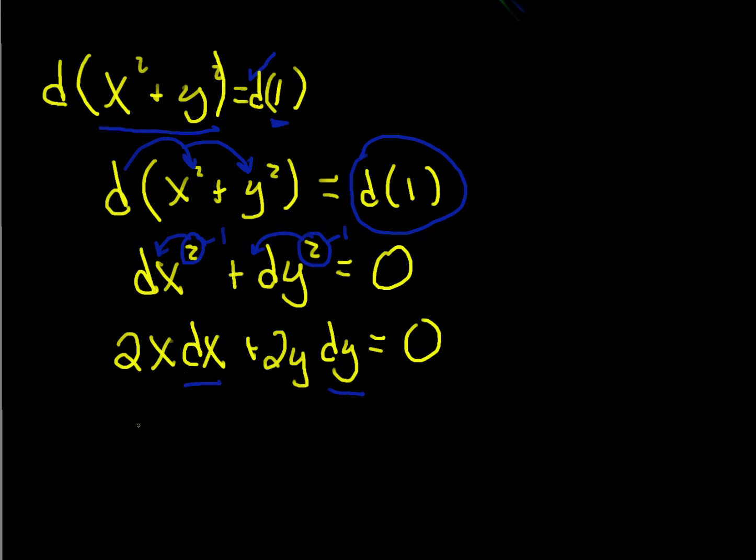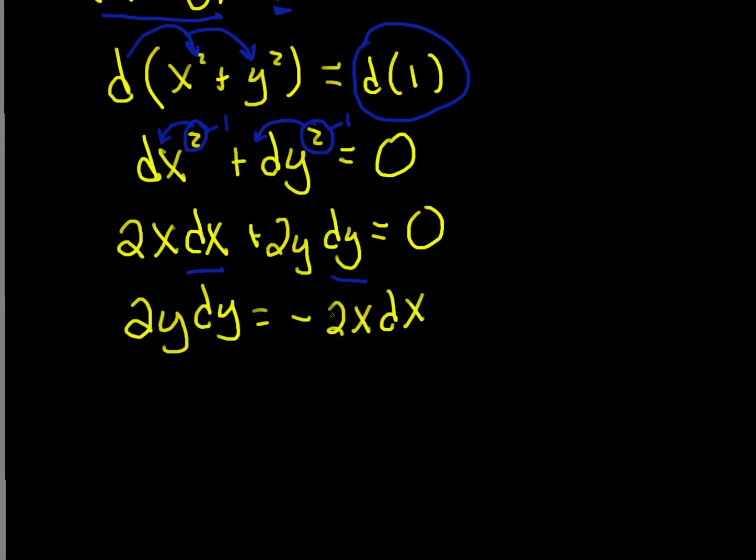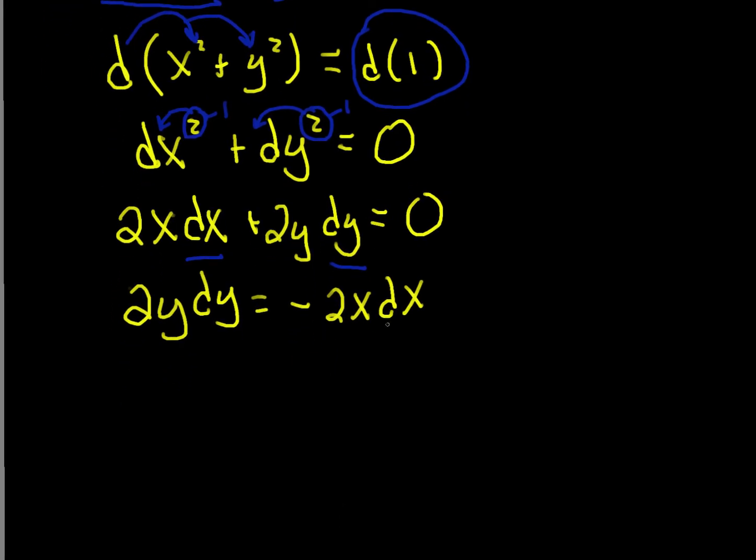We'll bring this over. So I get that 2y dy is equal to negative 2x dx. And I want to solve for dy dx, so I divide both sides by dx.